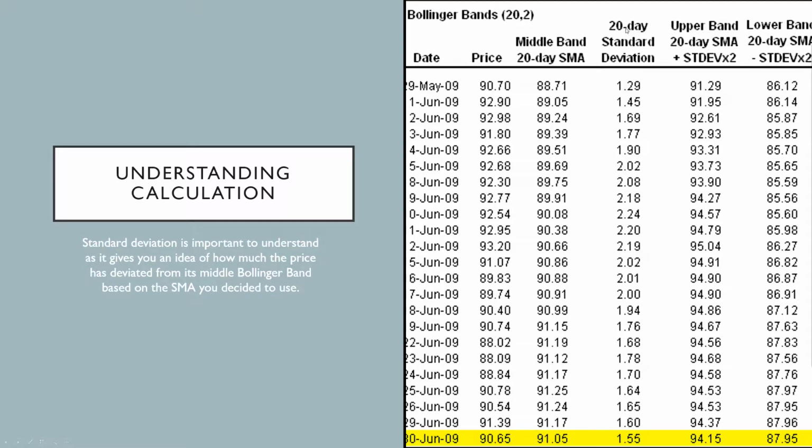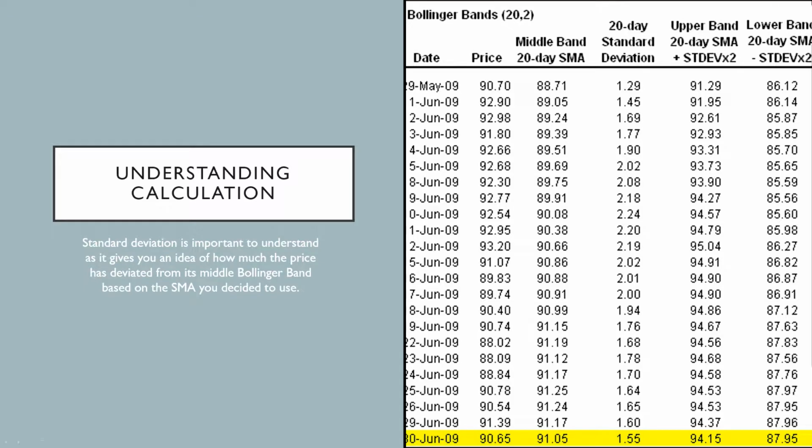Now, your 20-day standard deviation is sitting at $1.29. So what it's saying is, based off the past 20 days, the price has deviated roughly $1.29 above and below the 88.71. It's deviated from that middle Bollinger Band roughly $1.29.